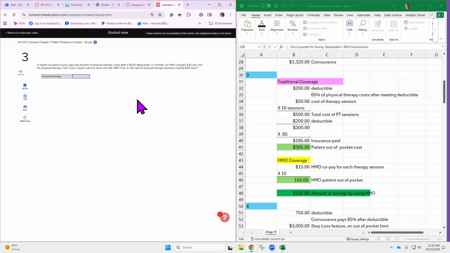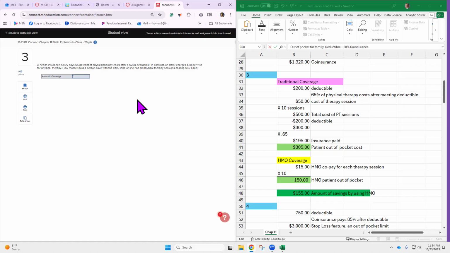So if you're going to get physical therapy, we've got a $200 deductible. This is the traditional coverage: a $200 deductible that covers 65% of physical therapy costs. And this is the HMO. Let's do the traditional first.